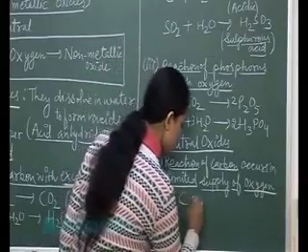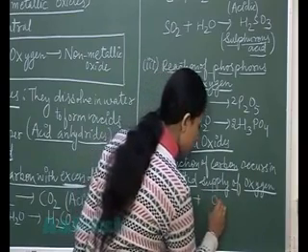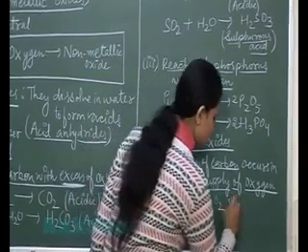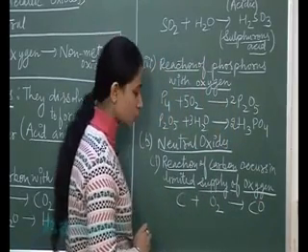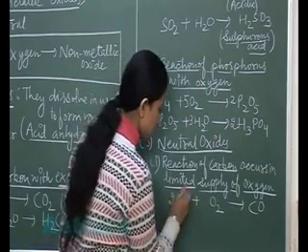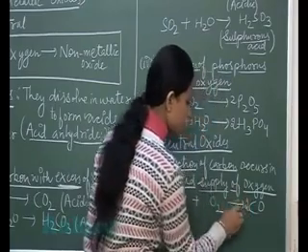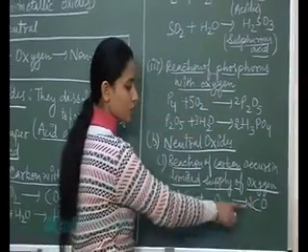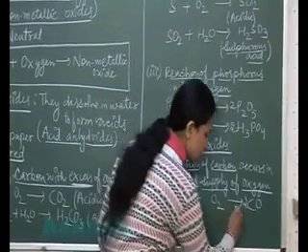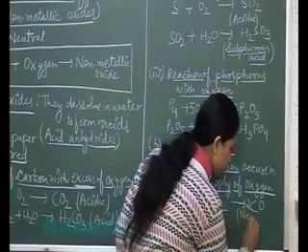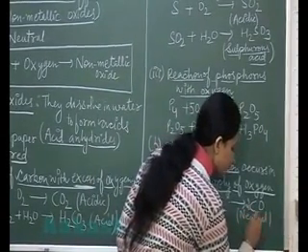We get carbon monoxide. And students, on balancing the equation, 2 before carbon, 2 before carbon monoxide. What is this oxide? This is carbon monoxide. And what is the nature? It is a neutral oxide.